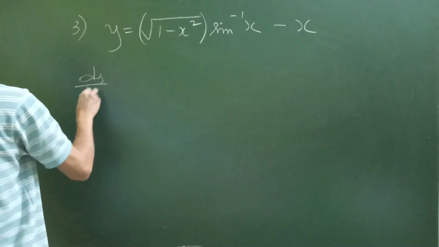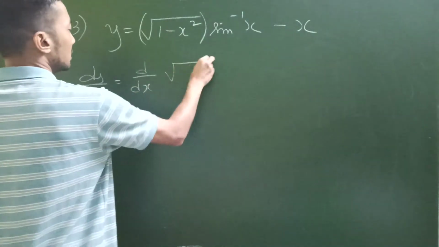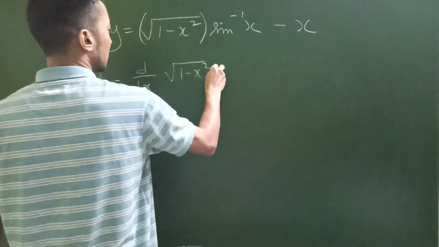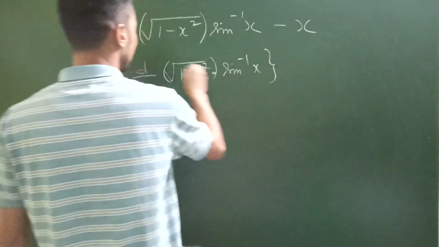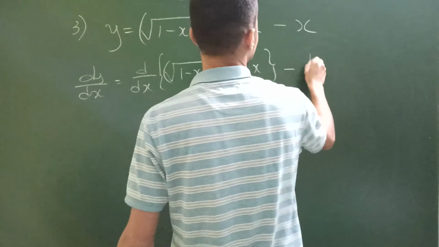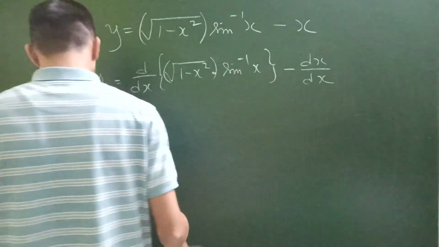So I'll start differentiating. First part, that is derivative of root over of 1 minus x square into sine inverse x. This is already a product rule that we have to apply, derivative of x with respect to x.